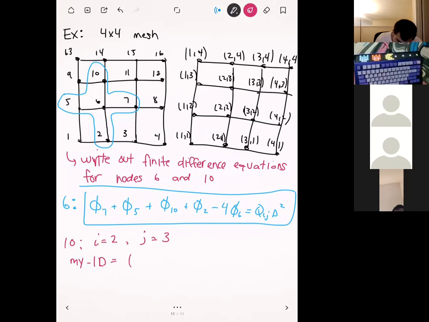All right, so our ID equation is j minus 1, and so we're going to do 3 minus 1, multiplied by nx, and in this case nx is 4, because we have 4 nodes in the x direction, and then to this we're going to add i, where i is 2 here.